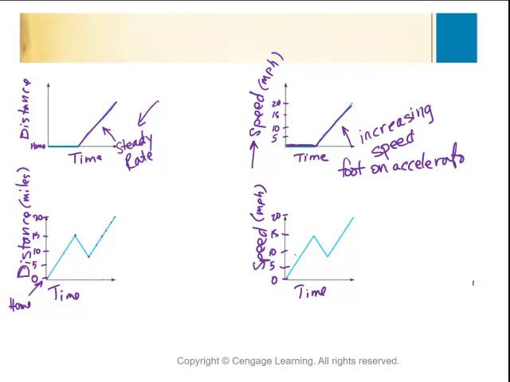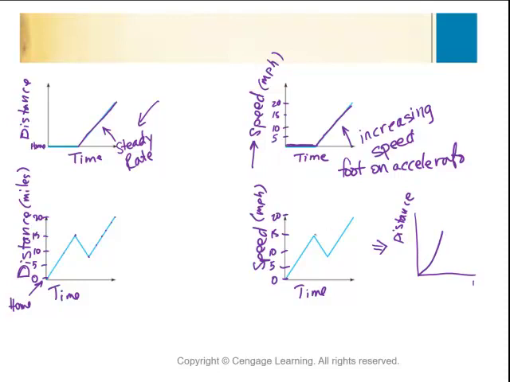Let's look at this one over here. This one, what I'm doing is I'm increasing my speed again. So this one would look like increasing my speed. Basically, if I were to look at this graph in terms of distance, let's call this distance, it means I am covering distance faster and faster.